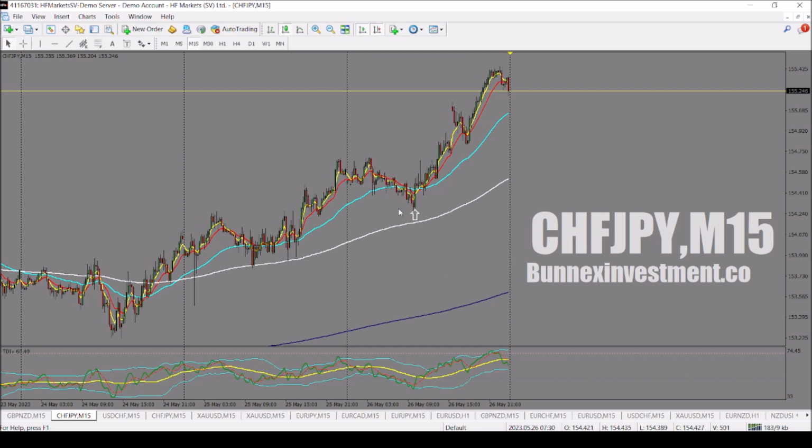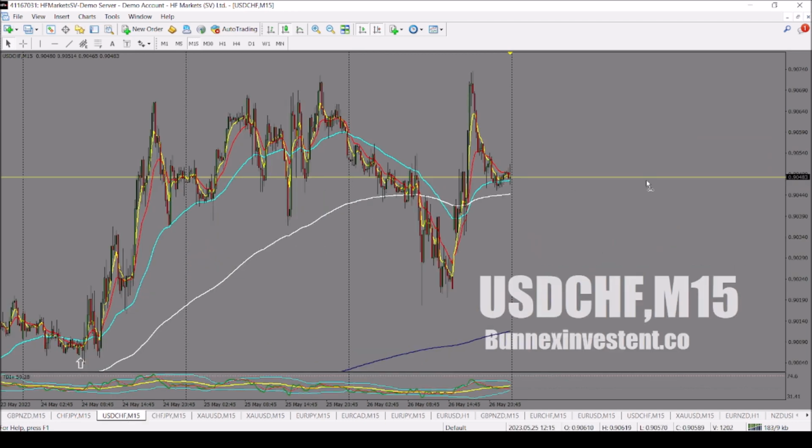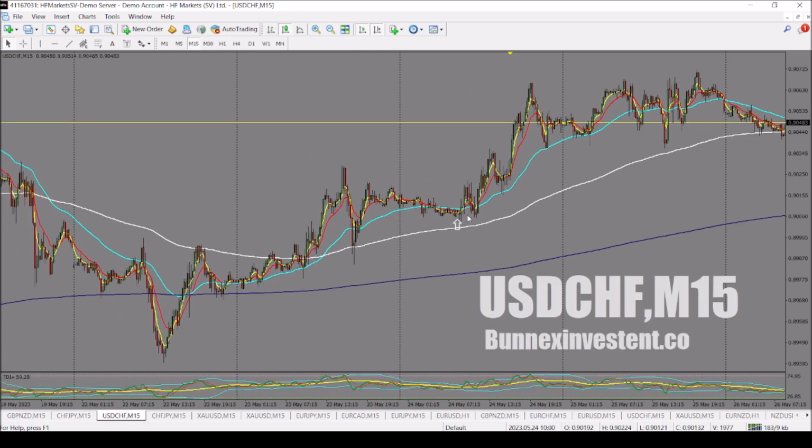The first similarity is the arrow is at a point where we are experiencing an up move or a surge in the demand of the Swiss franc in this case, and in the demand of the US dollar in this case. What I'm trying to say in simpler terms is the market is respecting these zones whilst we have this upward move.